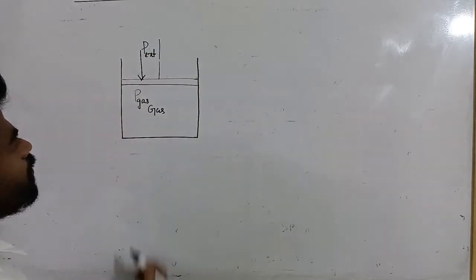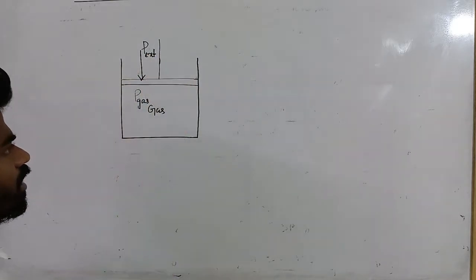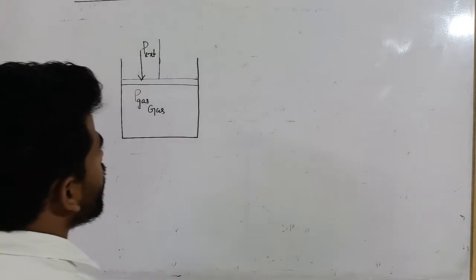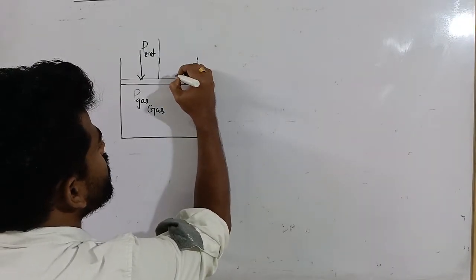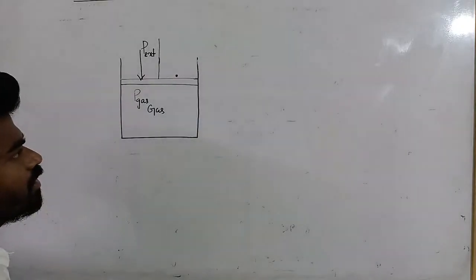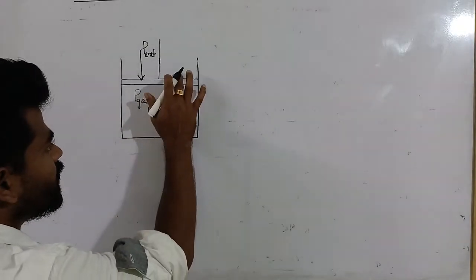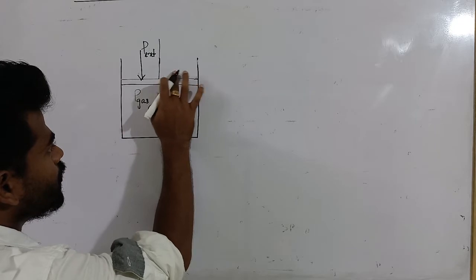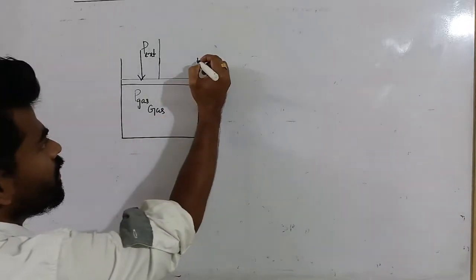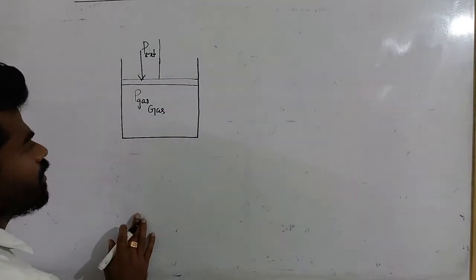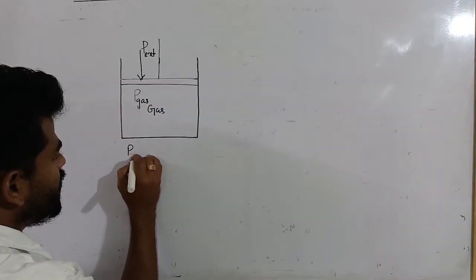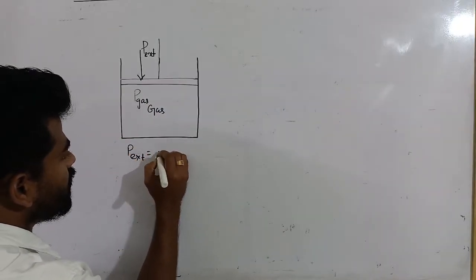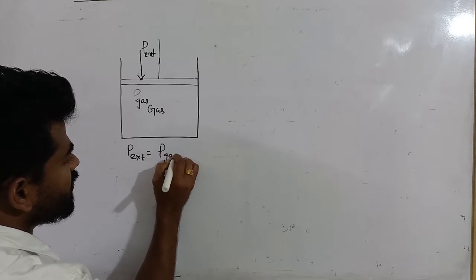Here, if I put a sand particle, a very minute particle, over the piston, then before I placed the sand particle, in this condition P external is equal to P gas inside the container.